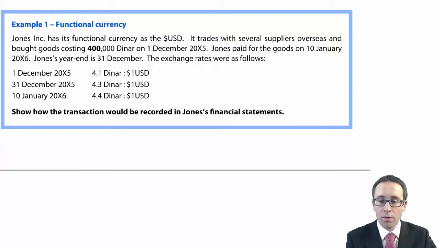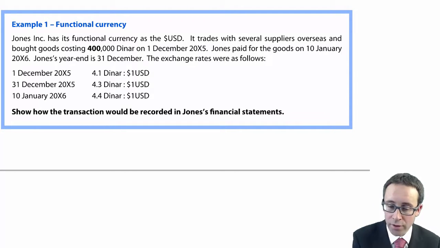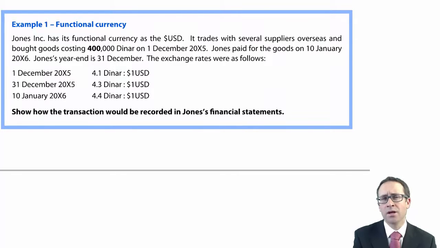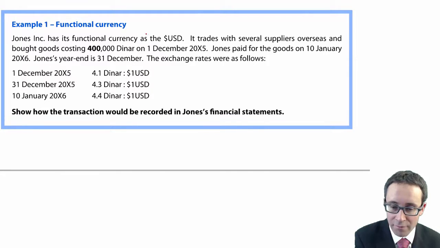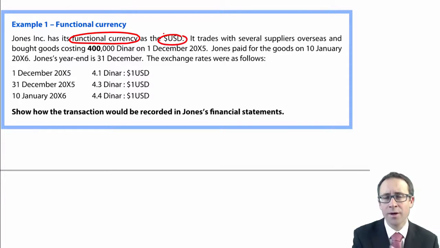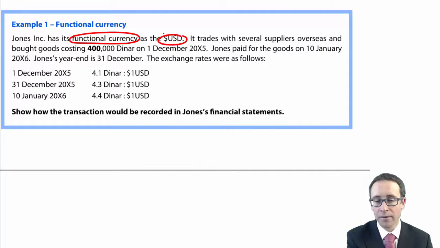Okay, so the question says, show how the transaction will be recorded in Jones's financial statements. So when we're thinking about the financial statements, we're thinking about the position statement and the performance statement, so profit or loss, isn't it? It says within the question specifically that we have the functional currency as the US dollar, so everything will need to be translated into the dollar.